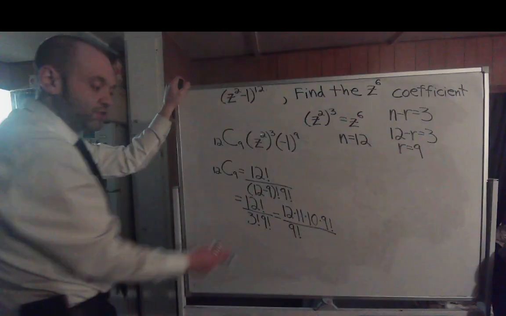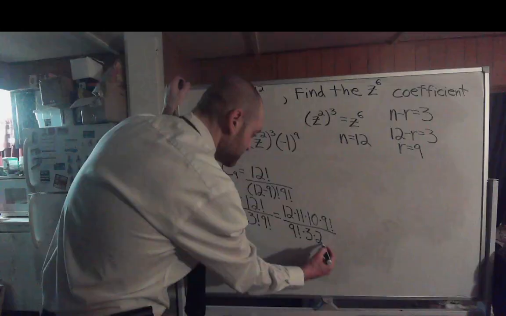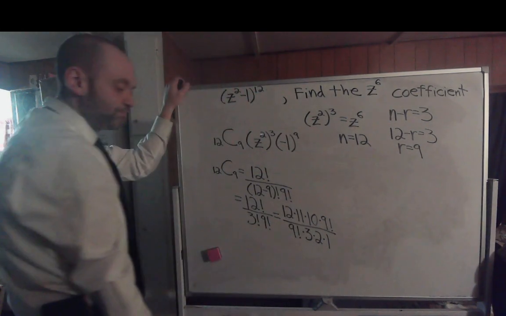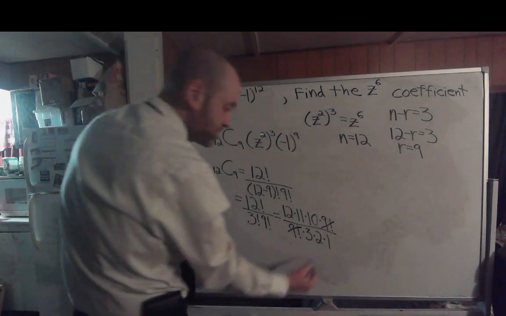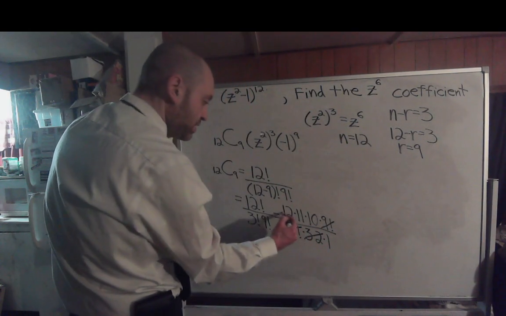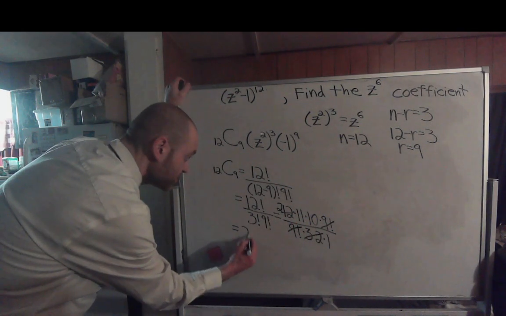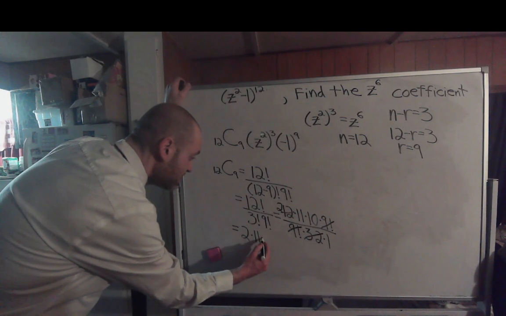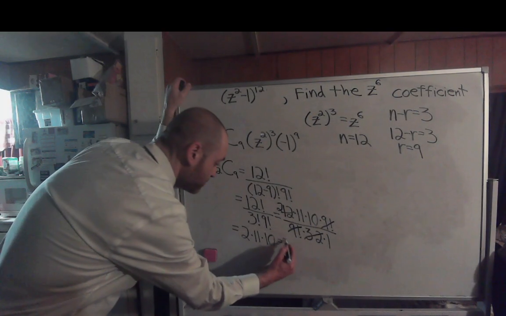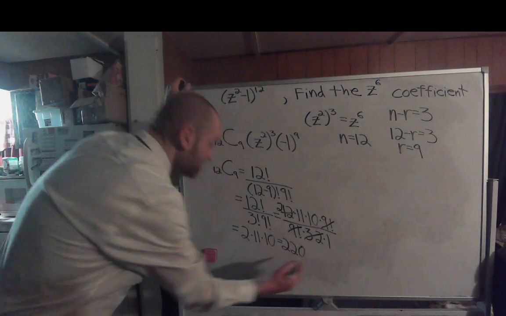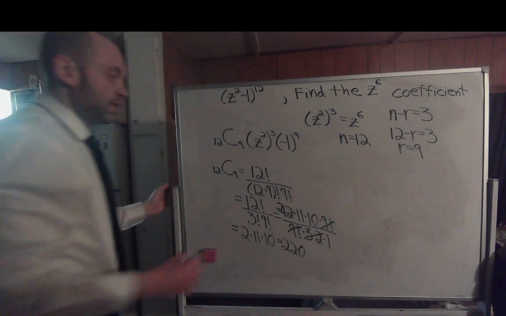Now break down your 3 factorial. This would be times 3 times 2 and times 1. Well, the 9 factorials cancel out. 3 times 2 is 6. That'll go into 12 twice. So what you're really left with here is 2 times 11 times 10, which would end up giving you 220. So the combination of 12 things 9 at a time is 220.